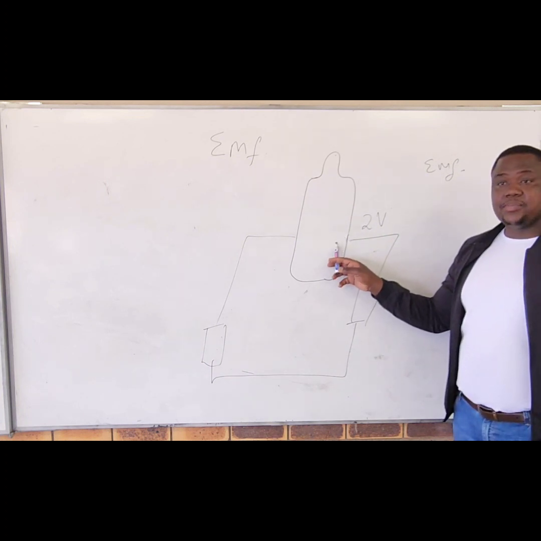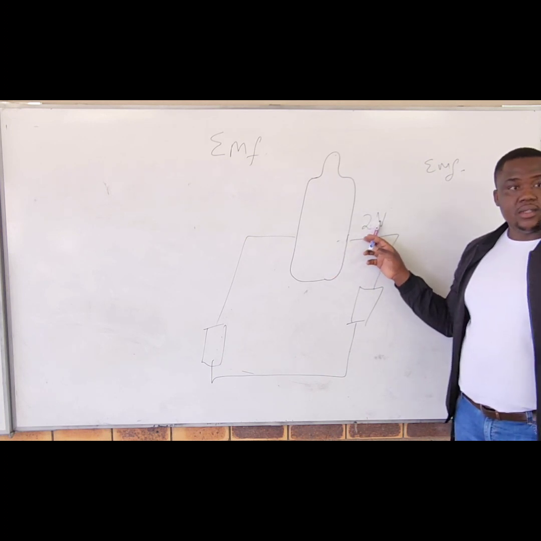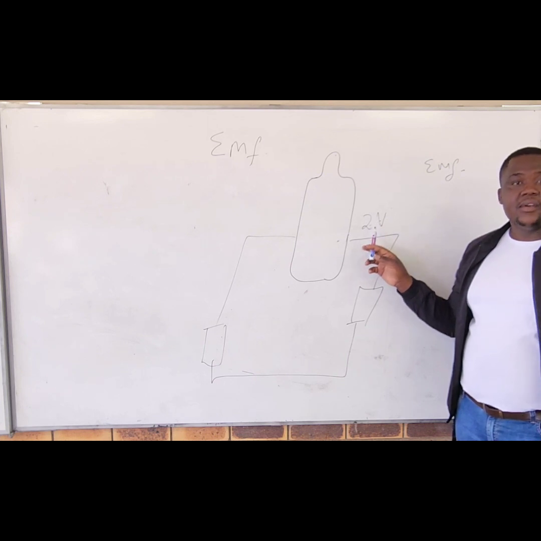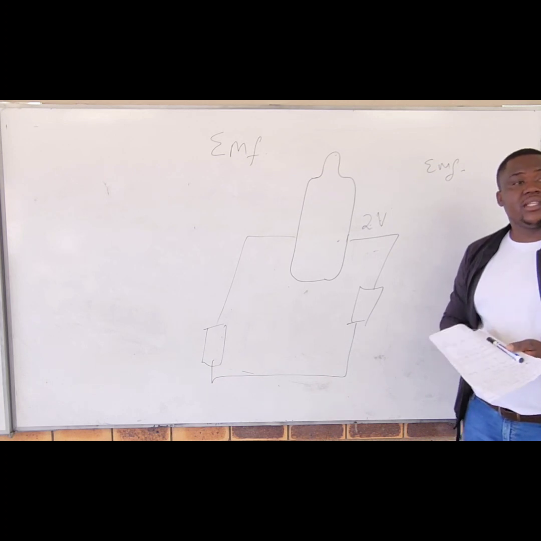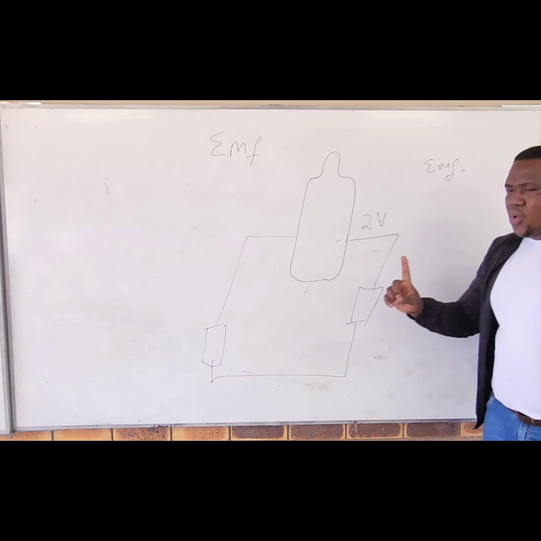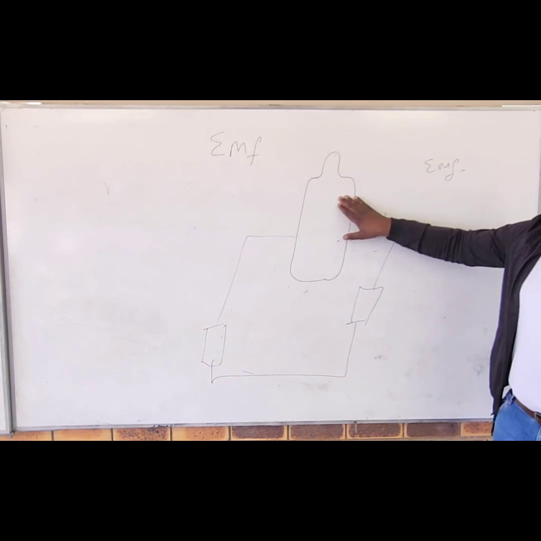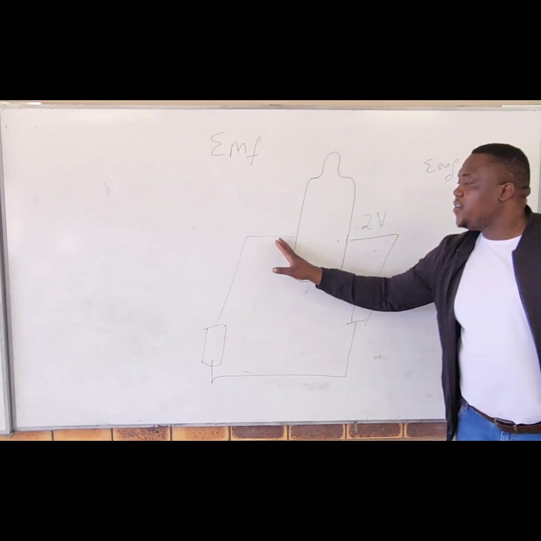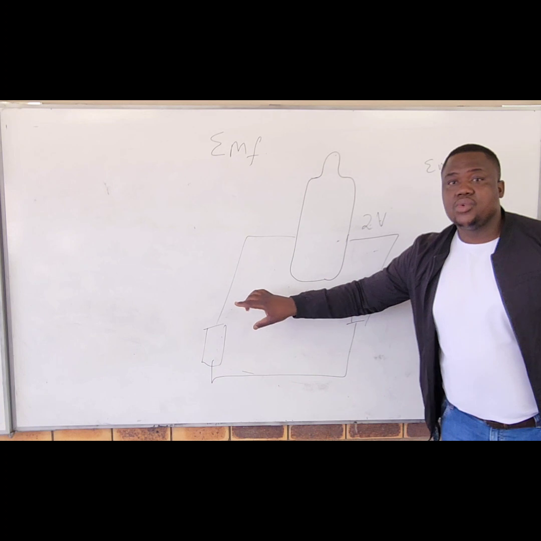I'm saying that this battery can deliver 2 volt, and that 2 volt is the EMF. So note that EMF is the maximum energy that the battery can provide per unit charge passing through it. But since this battery can deliver 2 volt, it does not mean that the voltage that is going to circulate in this circuit is going to be 2 volt.